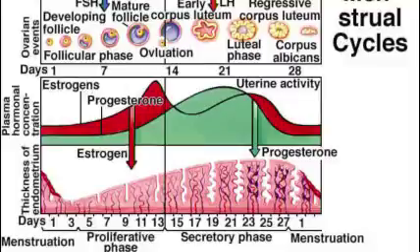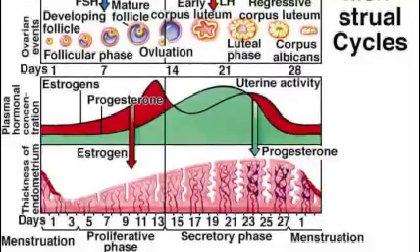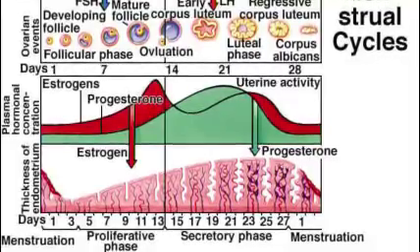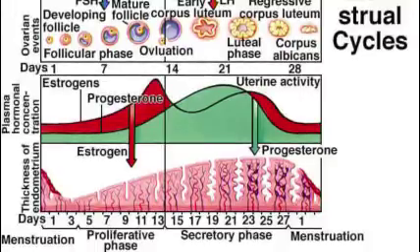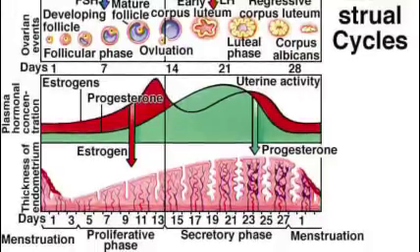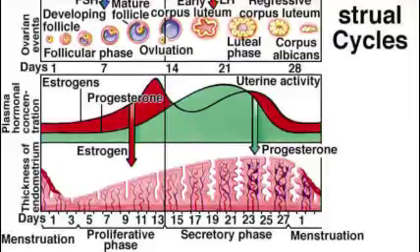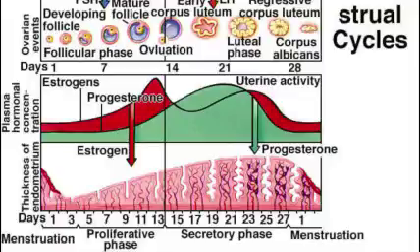This flow usually begins about the 28th day of the cycle and continues for 3 to 5 days while the concentrations of estrogens are low. The menstrual flow marks the end of a reproductive cycle and the beginning of a new cycle.